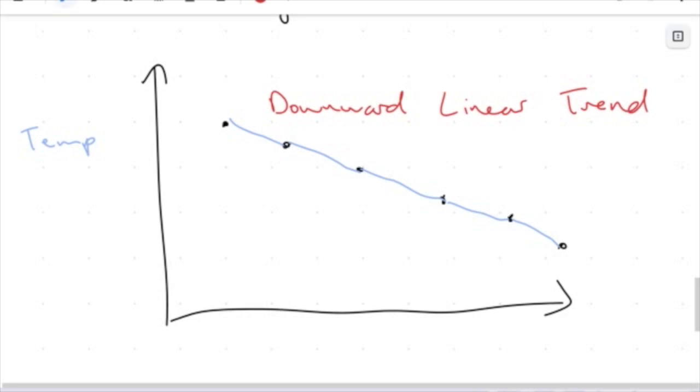So don't be fooled here, because we're using little line segments to join these. In theory, some of you might be thinking, well, isn't it always linear because we're drawing straight lines? What we're mainly focusing on here is the trend. Are we consistently going down or up at roughly the same rate? That's what makes a linear trend.